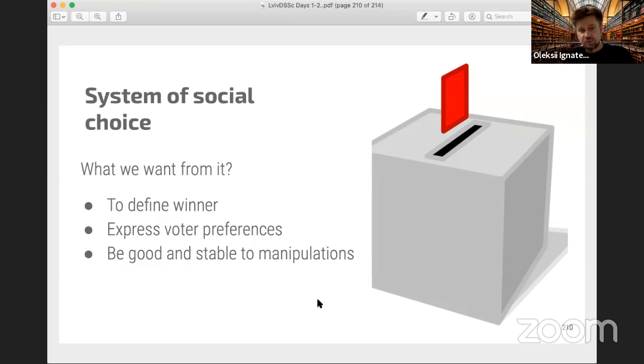And what do we want from this system? Well, the first obvious thing is that this system can define a winner, okay? And this system should express voter preferences as well as possible, and also shouldn't produce paradoxes and should be stable to manipulations.